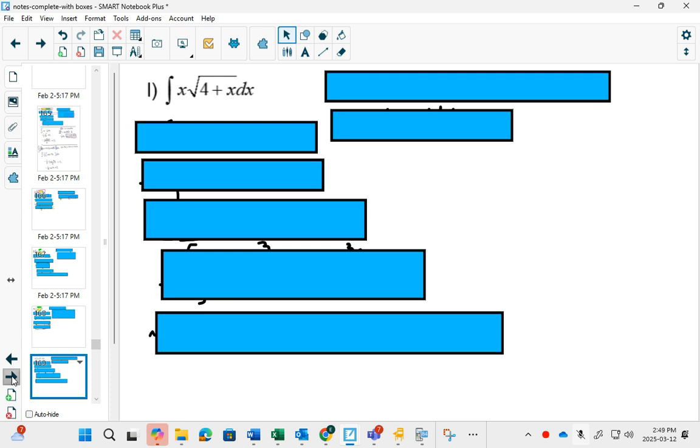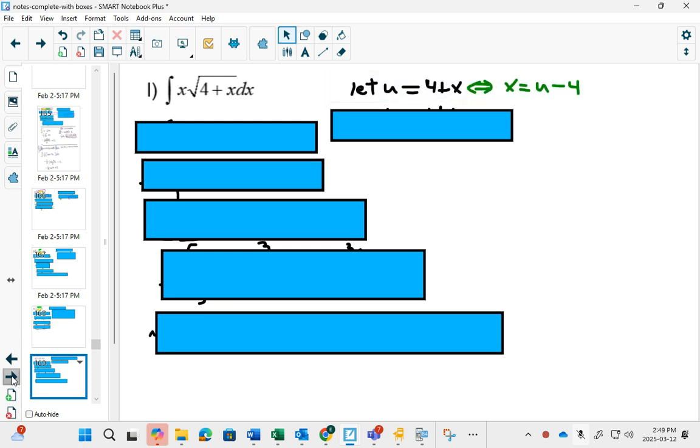So I start and say, well, okay, I see it inside. What if I make the u 4 plus x? Then without even doing the derivative, I can play around with that equation. I can say, well, if u is equal to 4 plus x, then x is equal to u minus 4. I just took that same equation and rearranged it. That doesn't seem helpful, but it will be very helpful.